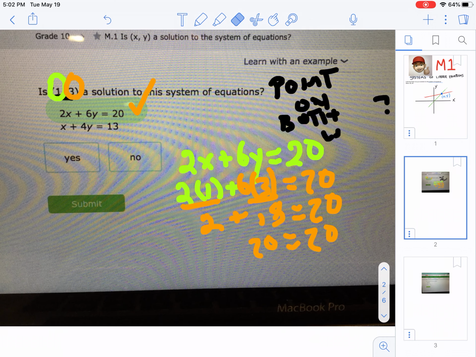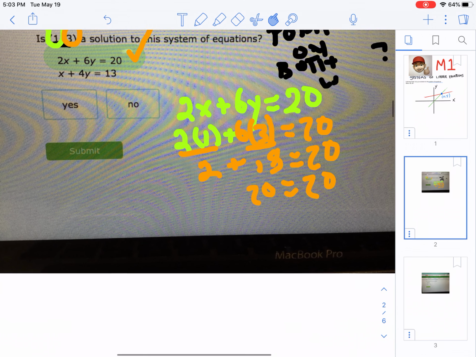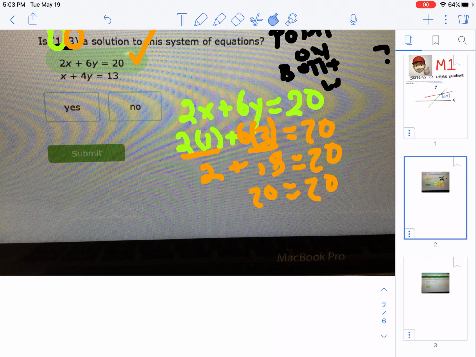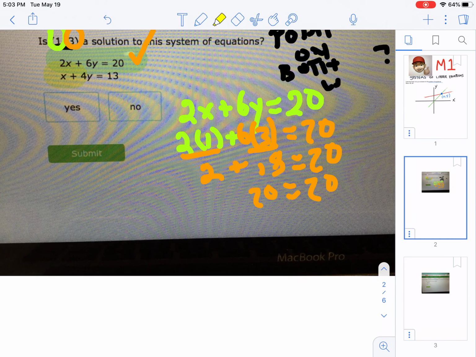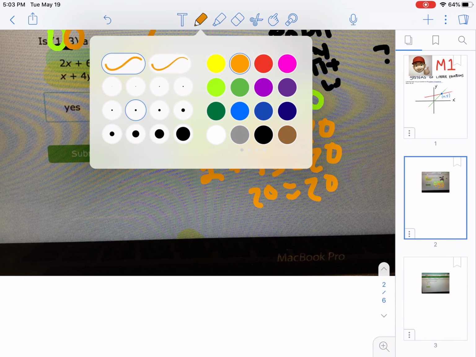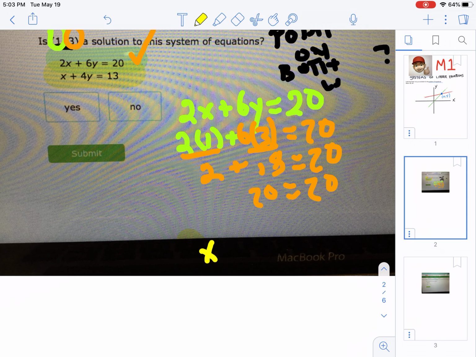So we know that the point (1, 3) is on that line, but it has to be on both lines. So let's check the next line. x plus 4y equals 13.